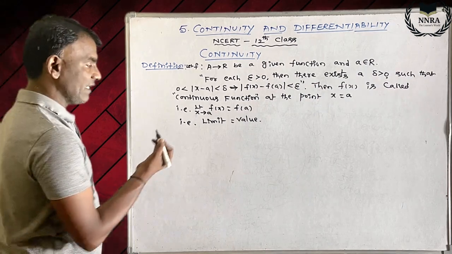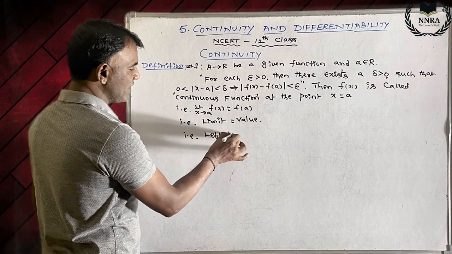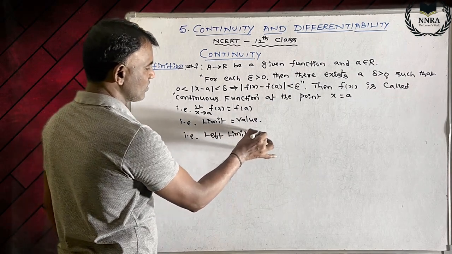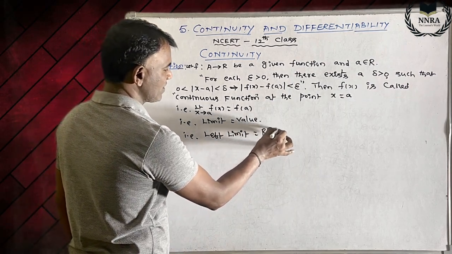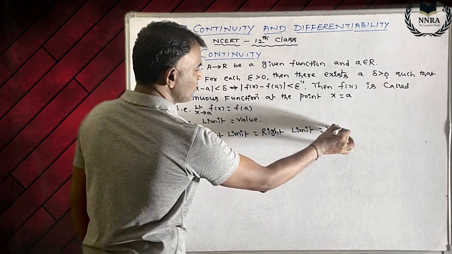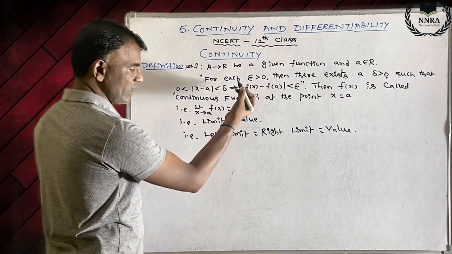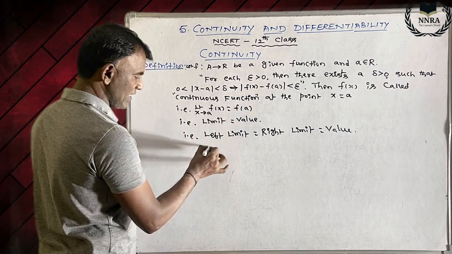Okay, and again that is left limit equal to right limit equal to value. Clear? And the point is a. So symbolically how to write this one?